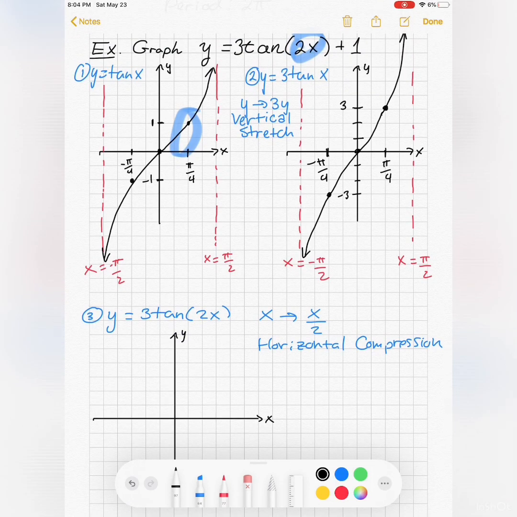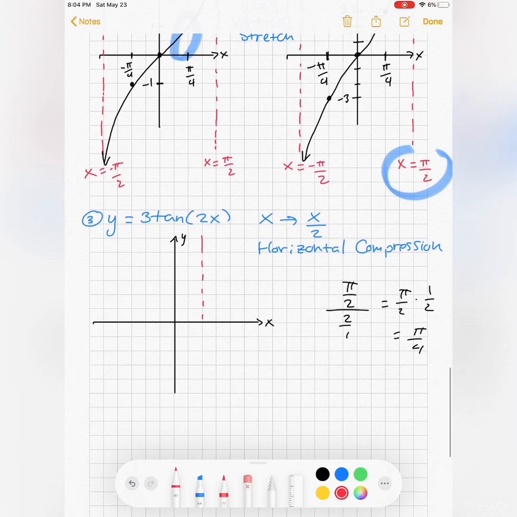Okay, so I'm looking at my previous graph. I'm going to divide the x by 2. So if I take, say, pi halves and divide it by 2, that's the same as multiplying it by a half, right? It's pi fourths. So my asymptote is going to now be here at pi fourths.